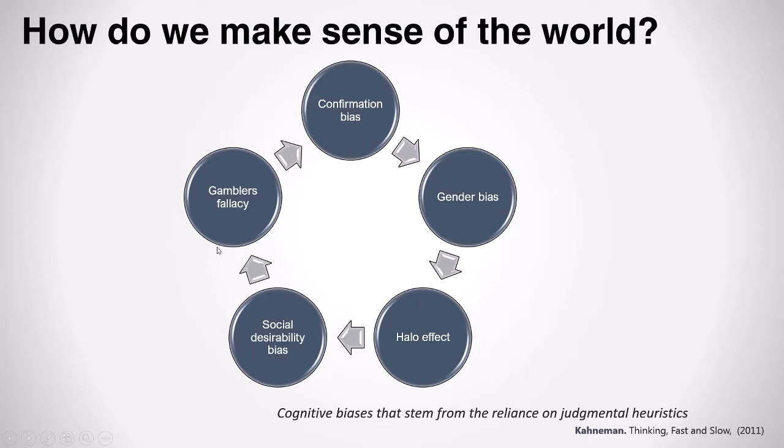Other things like the gambler's fallacy. So an example of this would be if I was to ask you, I have a coin, and if I flip the coin and it lands on heads, and then again I flip the coin and it lands on heads again, and I continue to do that, and it lands on heads 10 times.